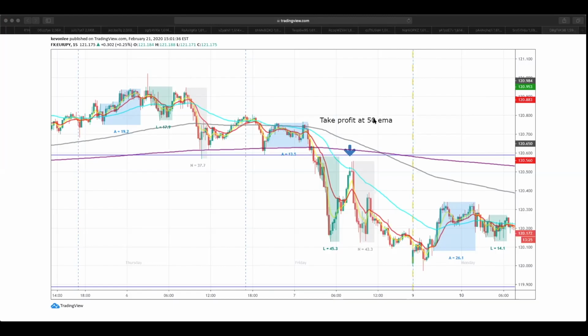Yes. Right. So basically, all you have here during the beginning of the U.S. session is essentially a continuation trade. You see what I mean? You're not at the bottom. You're not at the top of the range.